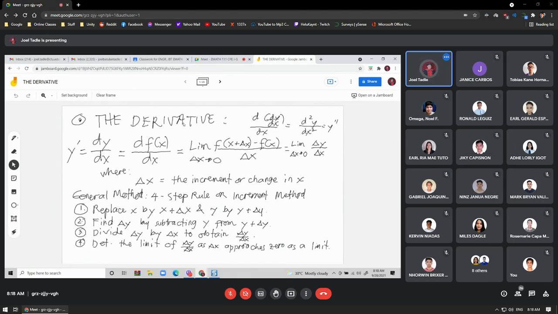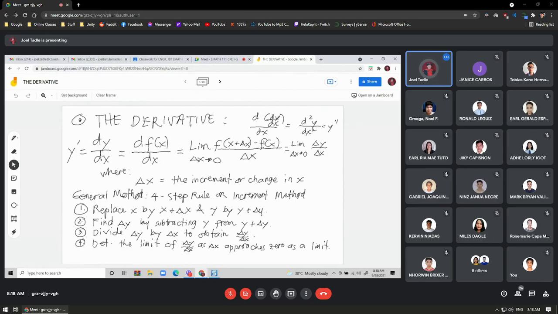This is the symbol of the derivative of a function. dy over dx is equal to y prime, or equal to the derivative of f of x, because y is equal to f of x, over dx, or equal to the limit of the difference of f of x plus delta x and f of x over delta x as delta x approaches 0, or simply equal to the limit of delta y over delta x as delta x approaches 0.